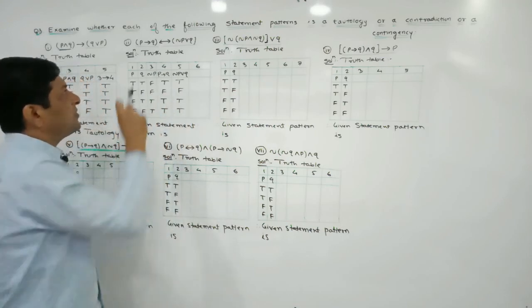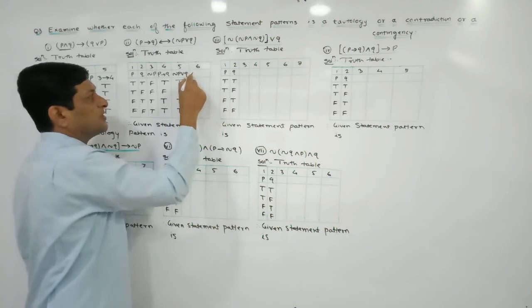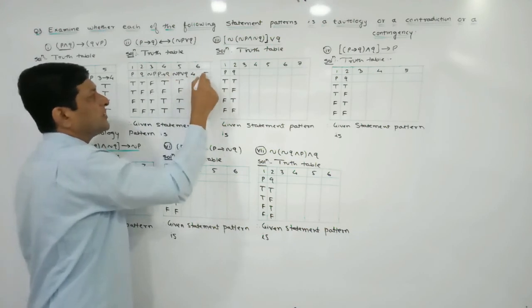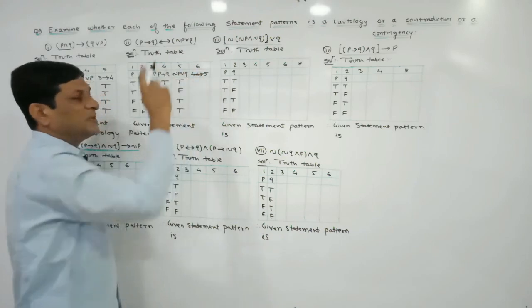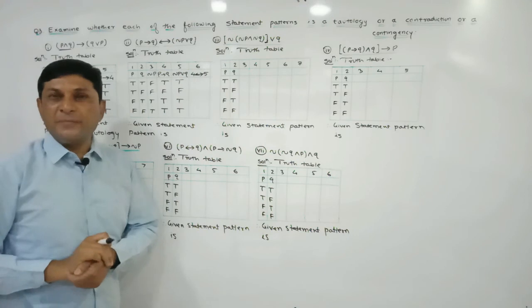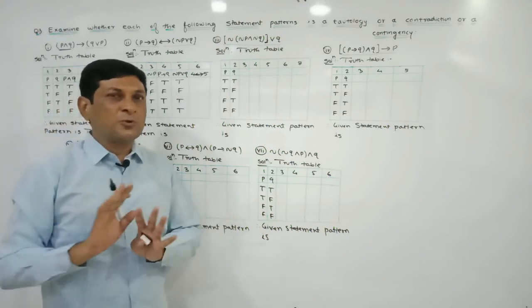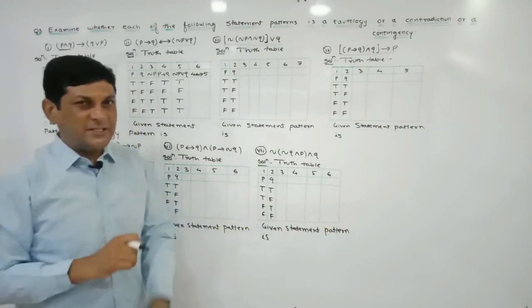Once the truth values of the first and second statements are known to us, connect these two statements, meaning statement 4 and statement 5, by which logical connective? If and only if, meaning by double implication. And what condition do we have to remember in case of double implication? Double implication is true if truth values are identical, otherwise it is false.